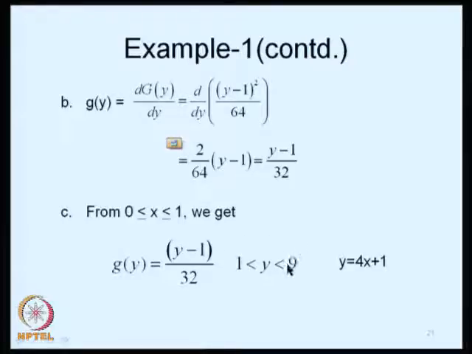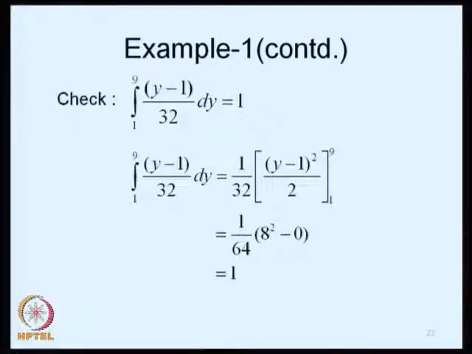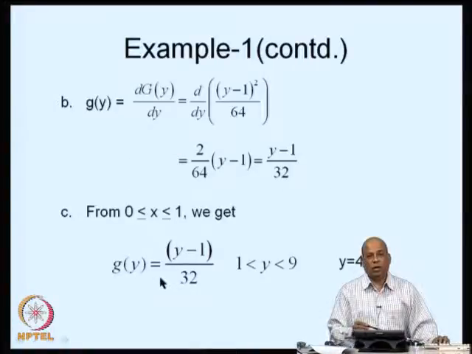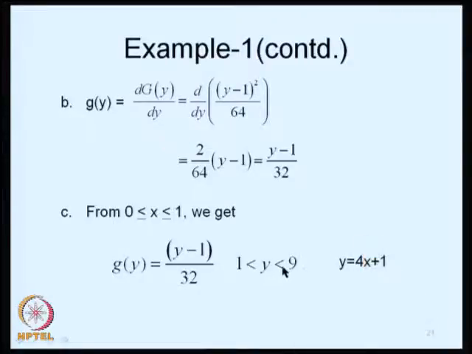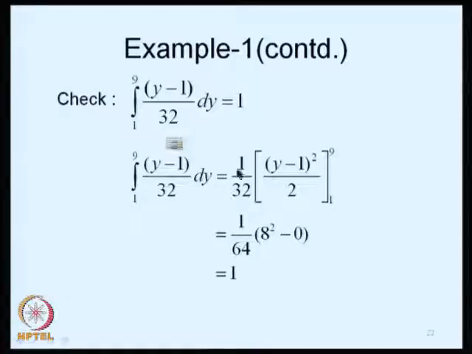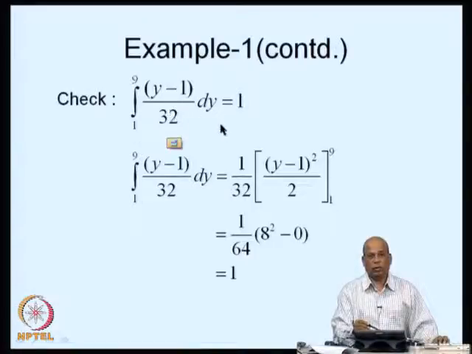If you put y is equal to 9, you get a non-negative value, and therefore this g of y is non-negative over the entire region as obtained here. Then we also verify that the PDF so obtained, g of y, integrated with respect to y over this entire region must be equal to 1. So, we verify this, and the integral of small g of y with respect to y over the region 1 to 9 must be equal to 1, which in this case turns out to be true.